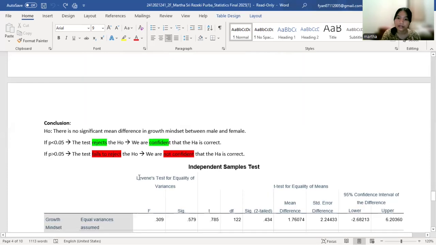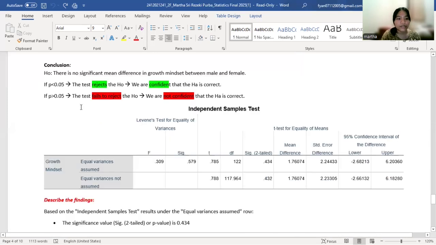Okay, so after I'm doing the whole test on SPSS, this is the conclusion, to know whether there is a significant or no significant mean difference. The H0, there is no significant mean difference in growth mindset between male and female.